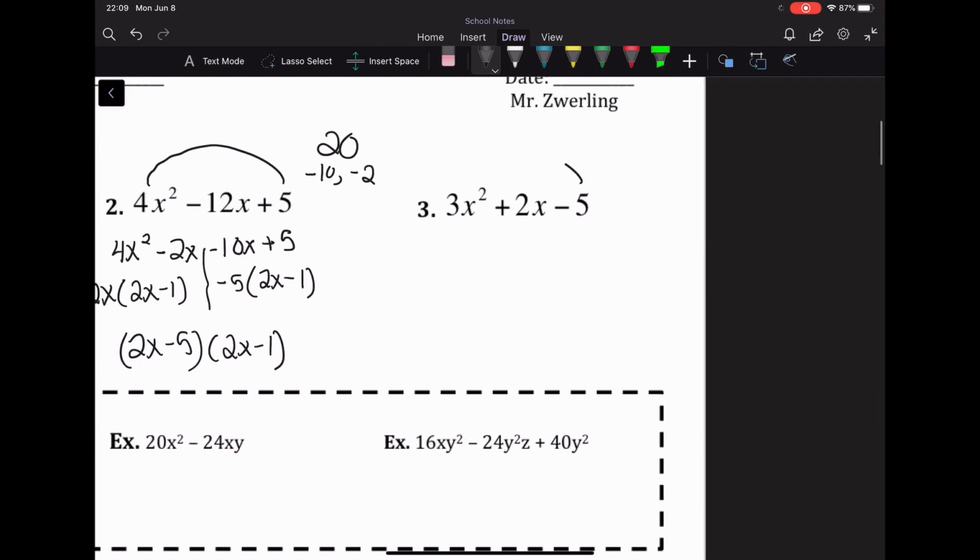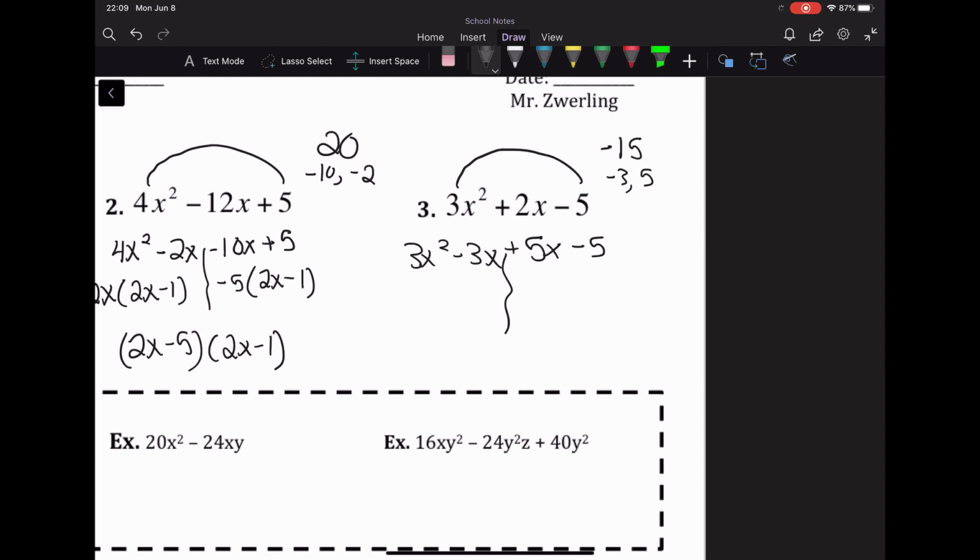Question number 3, same method again. Multiply them together, we're going to get negative 15. What two terms multiply together to negative 15 and add up to positive 2? In this case, it's going to be negative 3 and positive 5. So we'll have 3x squared minus 3x plus 5x minus 5.